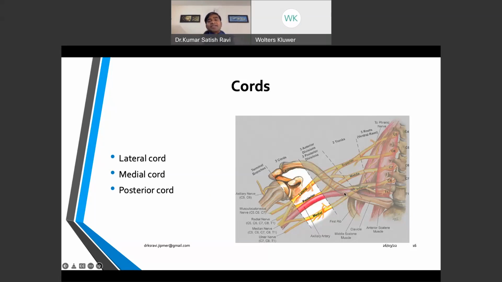This axillary artery extends from the outer border of the first rib to the lower border of the teres major. Now, this axillary artery is divided into three parts by the presence of the pectoralis minor.